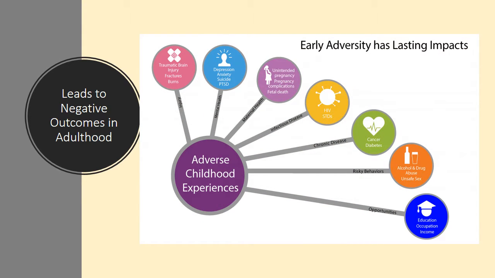ACEs lead to negative outcomes in adulthood, including poor physical and mental health, substance abuse, and risky behavior. Physical and psychological risk factors include smoking, obesity, sedentary lifestyle, alcoholism, illicit drug use, injected drug use, 50 or more sexual partners, history of sexually transmitted diseases, episodic depressed mood, and attempted suicide.